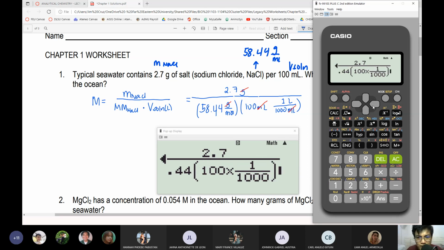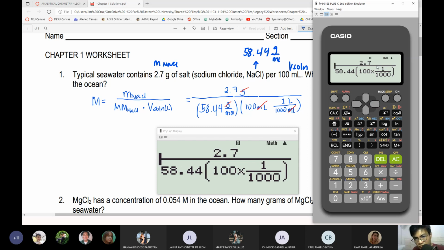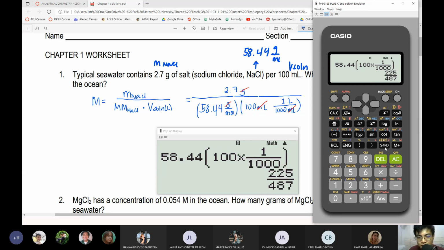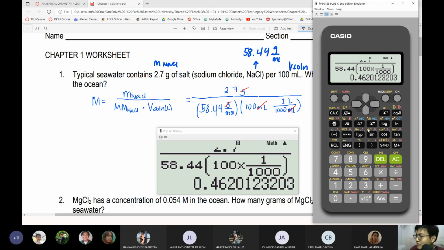So this is how you should type it in your calcu. 2.7. 5844 open parenthesis 100 times 1 over 1,000. Pindutin ang equal sign. The answer is yan. Convert mo siya into decimal by pressing this. 0.4620. Okay.